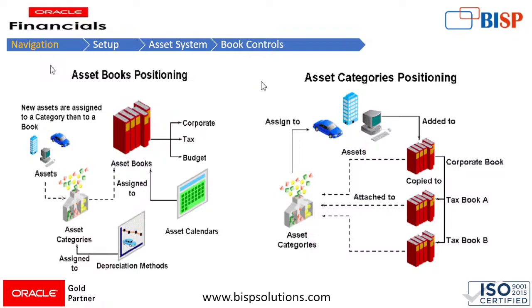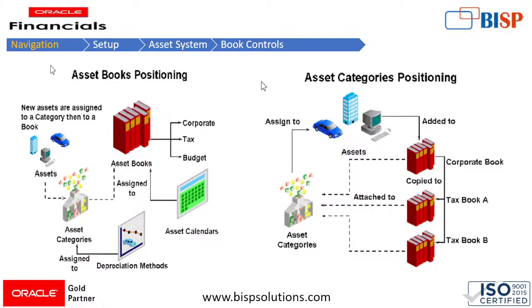So asset book, you can see out here there are corporate, tax and budget, right? So the tax book is, you can say, dependent on corporate book. You define in the tax book a corporate book, or depreciation book you can say. Both are the same.